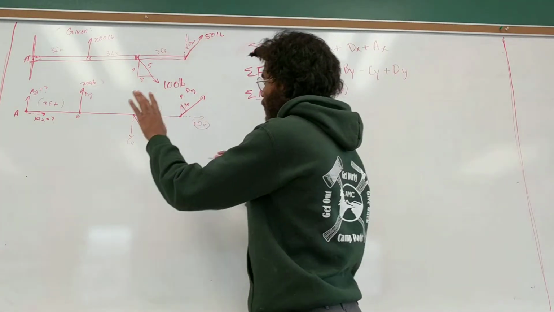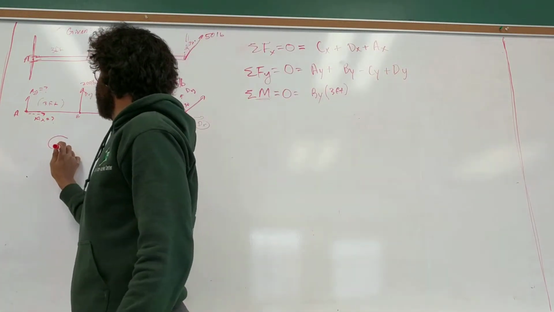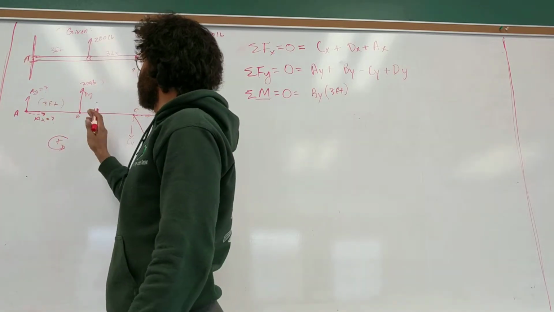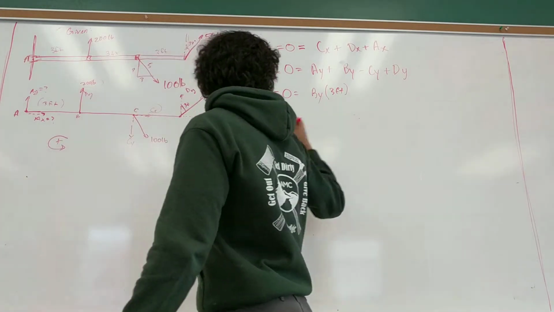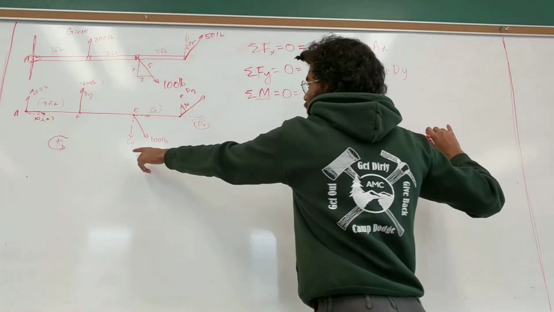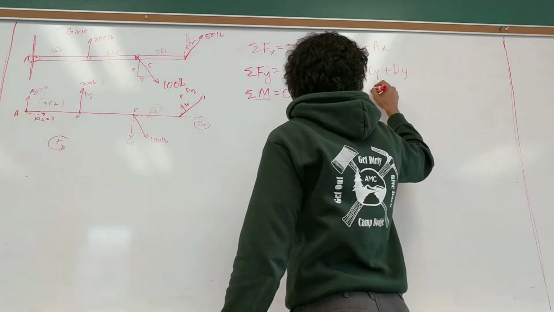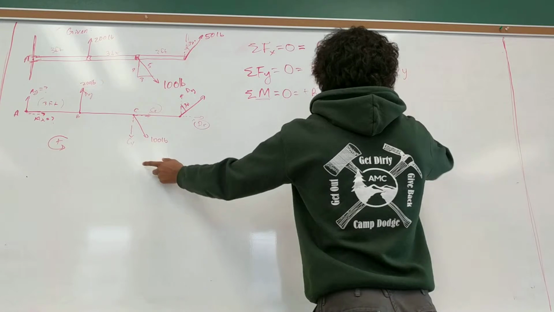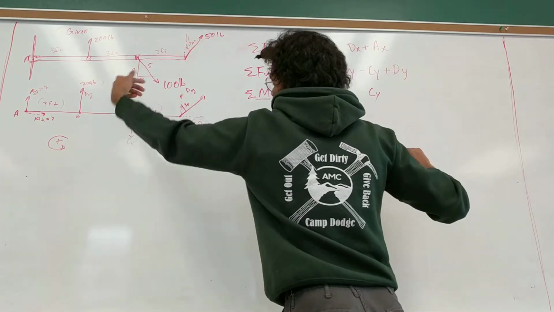And it's going up, and we have to determine which ways are positive. So we're going to say rotating this way is positive. Clearly this is rotating that way, so that's why it's positive, right? And then what about C? Well, we're going to get plus CY, or minus CY because it's pushing it this way.